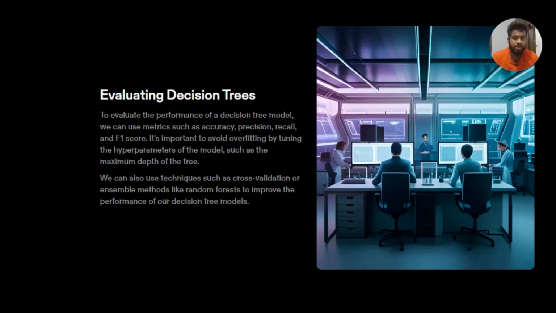It is important to avoid overfitting by tuning the hyperparameters of the model, such as the maximum depth of the tree. We can also use techniques such as cross-validation or ensemble methods like random forest to improve the performance of our decision tree models.